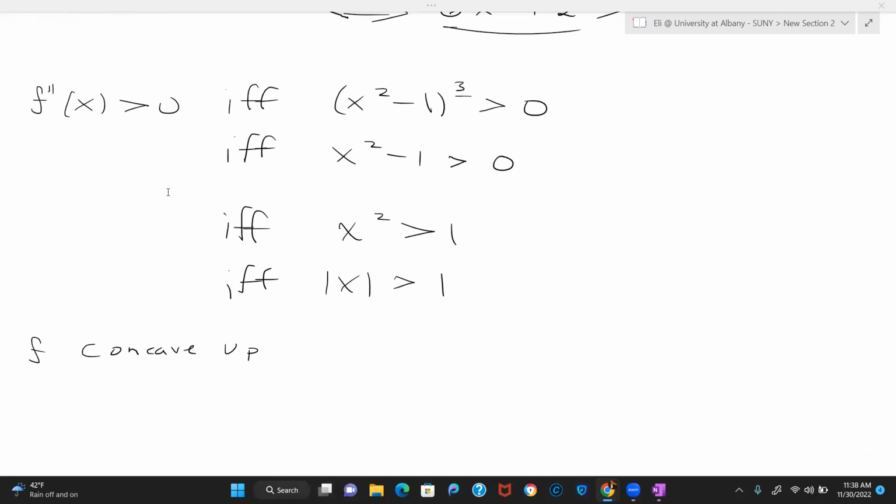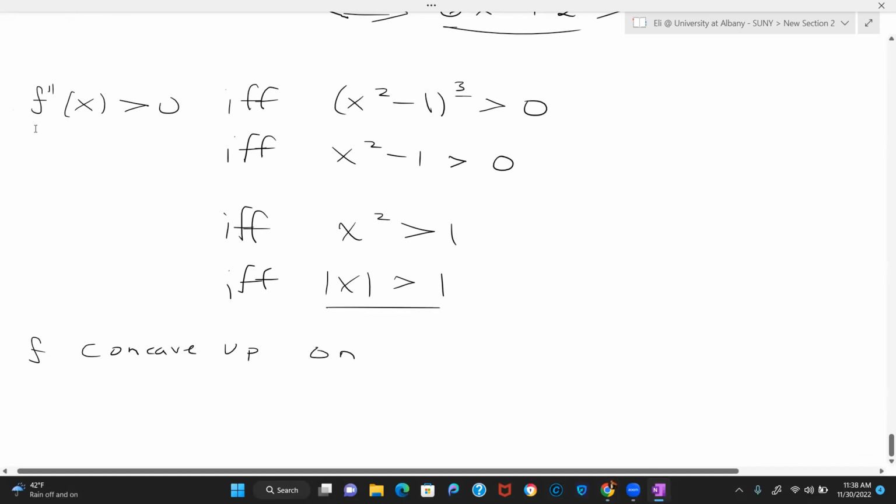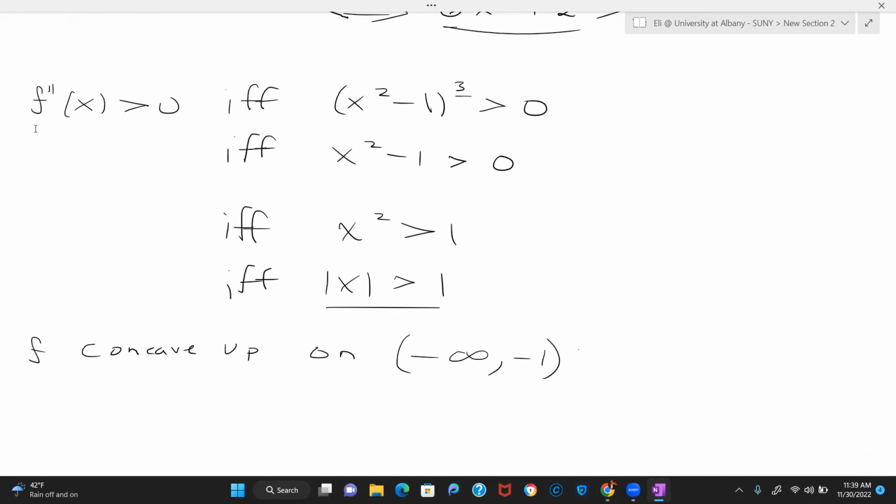Yeah, so this means concave up. Your second derivative is positive means you're concave up. So it's concave up for all x satisfying this, and that corresponds to the set negative infinity to negative one, union one to infinity.